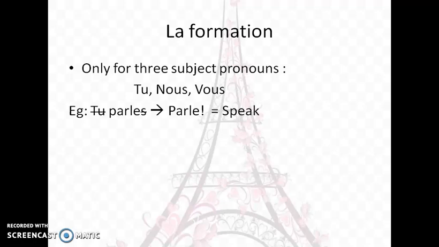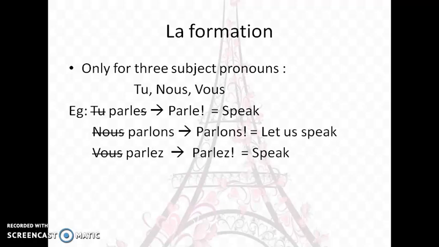If the verb is ending in er, you will drop the s in the conjugation corresponding to the tu form. So to form the imperative of any verb, you take the verb, you conjugate it according to the subject, and you drop the subject, you will get the imperative. And the only exception is for the verbs ending in er, whether regular or irregular. For the verbs ending in er, you will drop the s for the tu form conjugation.